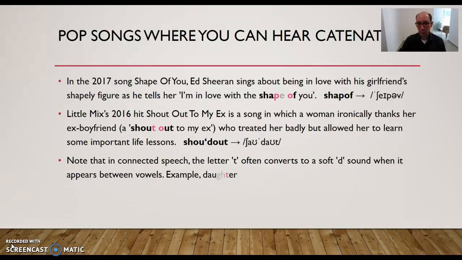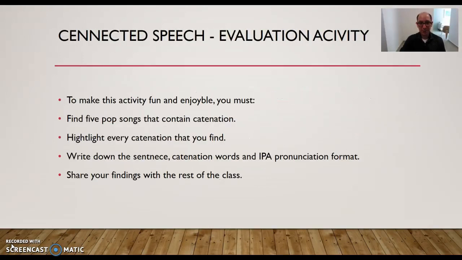And to end, we have an evaluation. So let's see the connected speech evaluation activity. To make this activity fun and enjoyable, you need to find five pop songs that contain catenation. They could be anything you like, especially songs you like, because those are the ones you're going to listen to.